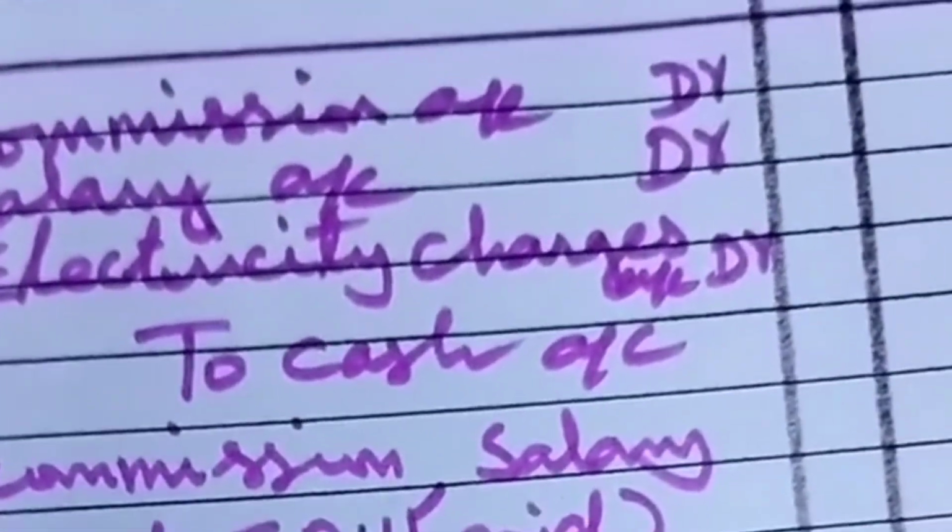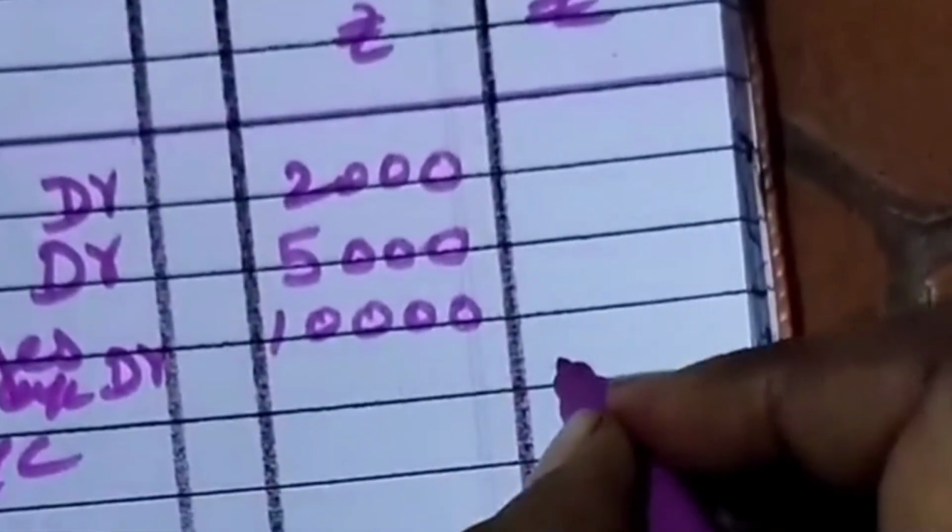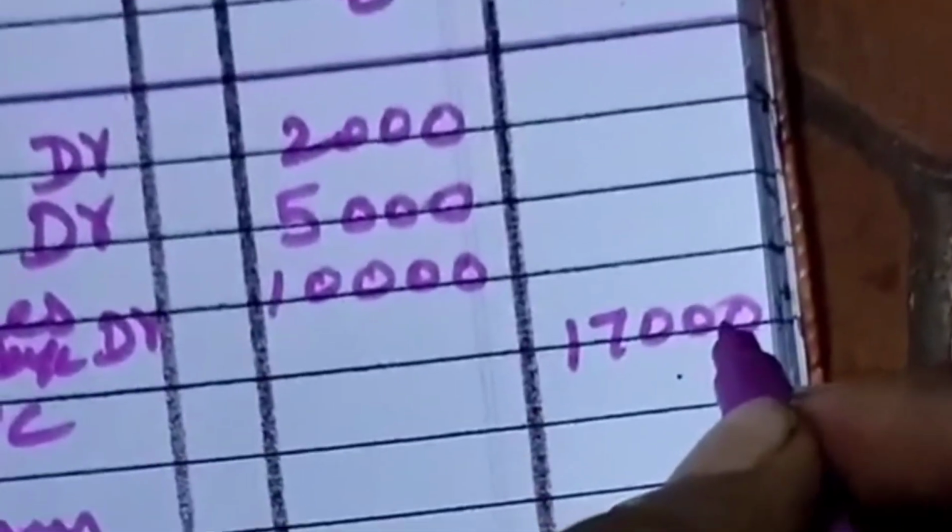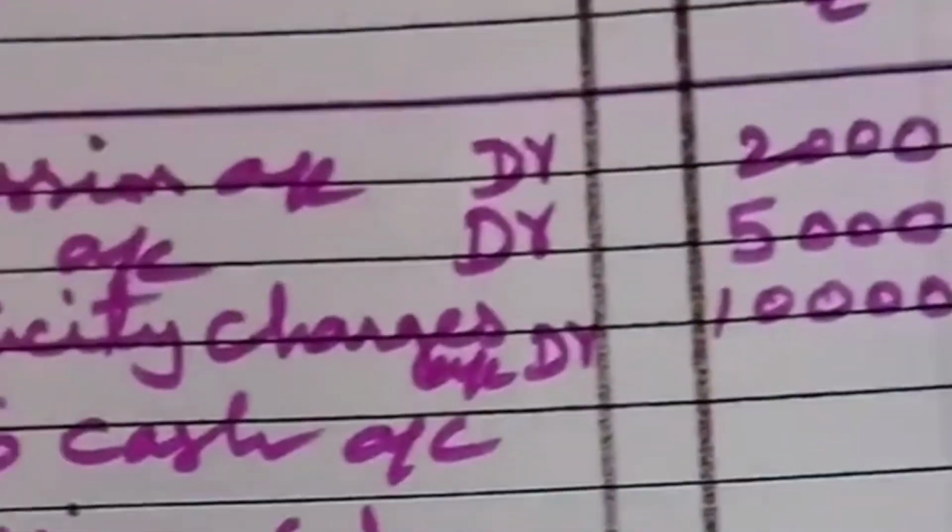So this is a transaction. Then what is the amount? 2,000, then 5,000, then EB bill 10,000. So totally cash we paid 17,000. That is 2,000 plus 5,000, 7,000 plus 10,000, 17,000. That's all. This transaction over.